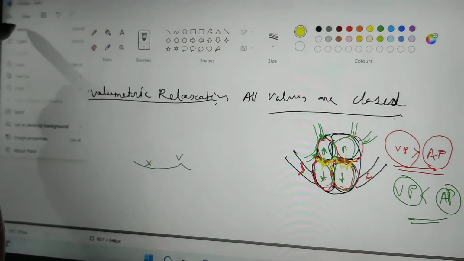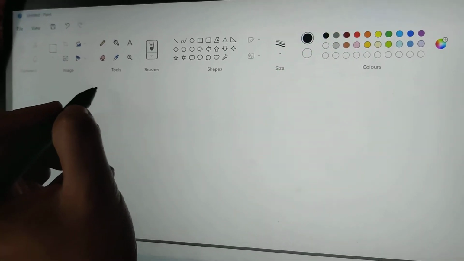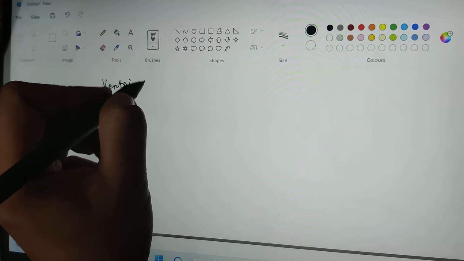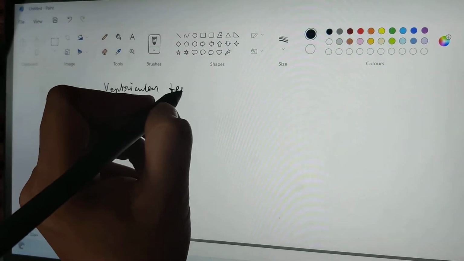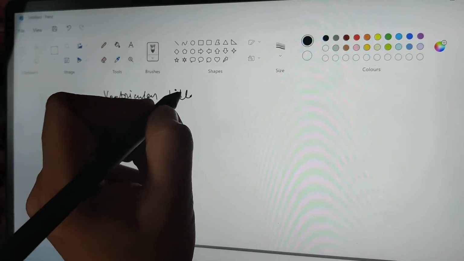Now the last phase is ventricular filling.